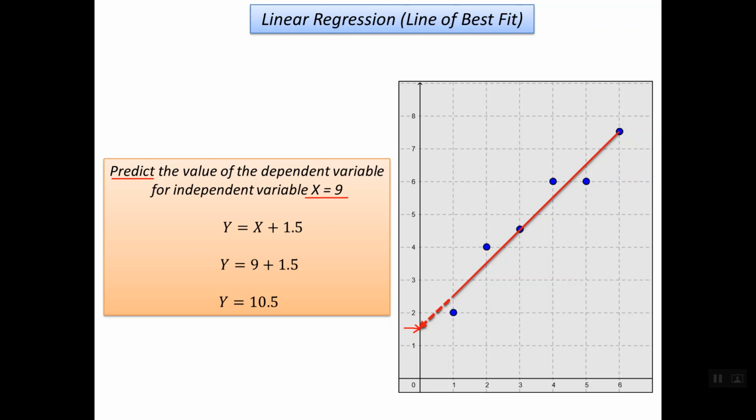So the value of the independent variable here is 9. Notice that in this diagram, we don't have a value of x equal 9 in the x-axis. So here we are talking about the prediction. So simply we can substitute for x by 9. So y is simply equal 9 plus 1.5. So the predicted value of y is equal to 10.5.